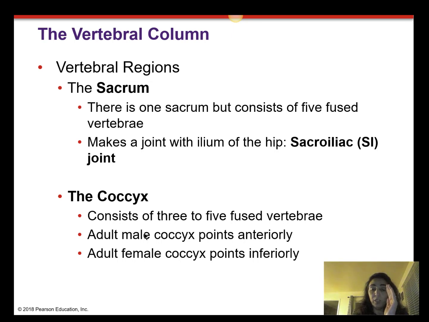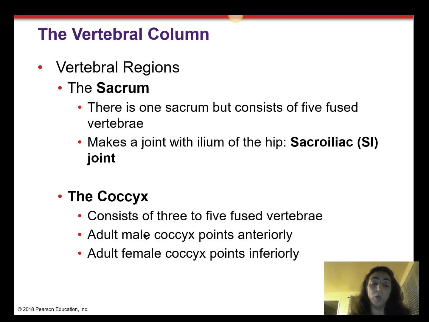So after this part, we have the exit that, if there was a baby here, the head of the baby has to pass through, right? Now, if the coccyx is more anterior, less space remains in front of it so that the head can pass through, right? Compared to the female coccyx, which is not anterior, it is more toward the inferior, and that provides more space for the head of the baby to pass through.